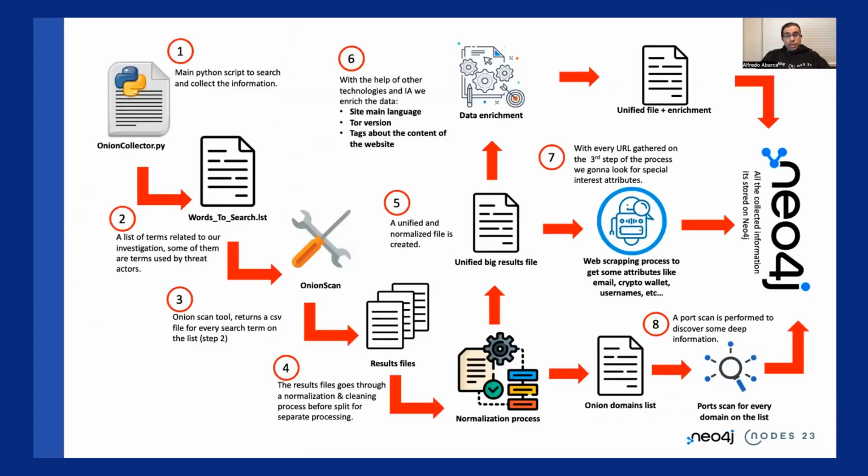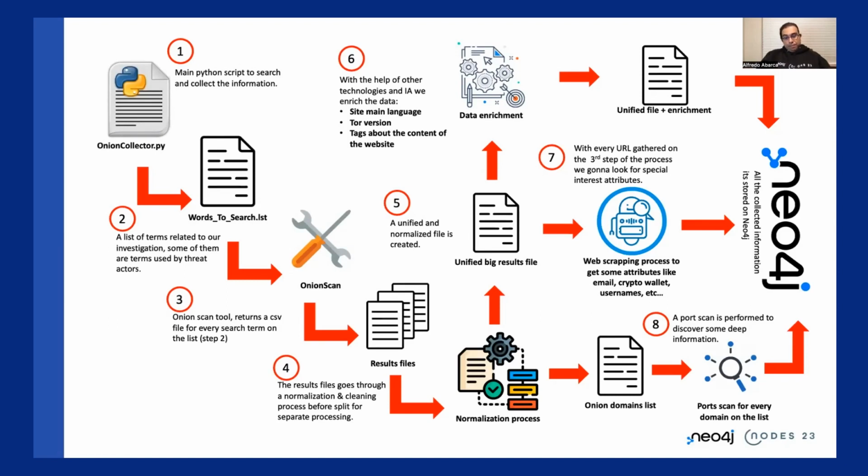The whole process around it, just to explain a little bit better, is when I run this script that you will find in my GitHub address. The first thing that it does is collect from a list of terms that I want to search. As I explained, these terms will be something related to our investigation.